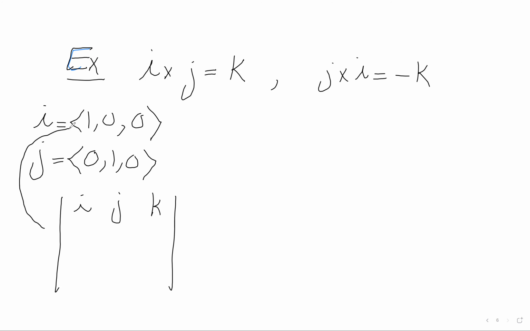Then i goes to this row, 1, 0, 0. j goes to the next row, 0, 1, 0. If you do this determinant and simplify, at the end, you will get just k. For j cross i, you should write the coordinates of j on the second row and coordinates of i on the third row. You will get a negative k at the end.